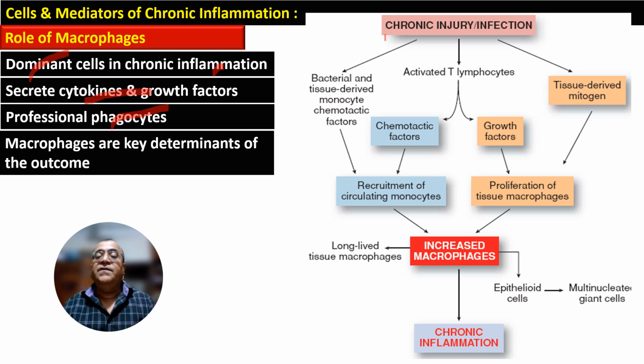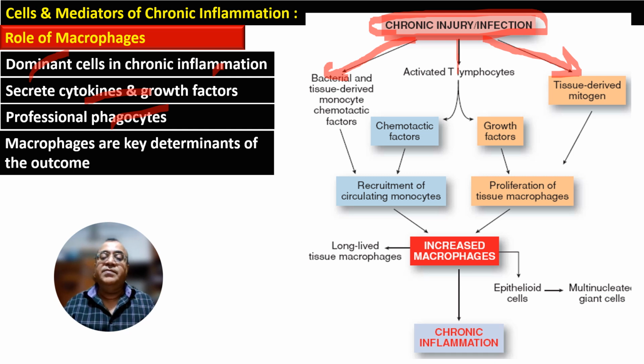Whenever there is chronic injury or infection, it can lead to bacterial and tissue-derived monocyte chemotactic factor liberation. It can also activate T lymphocyte, and tissue-derived mitogen can also be secreted.